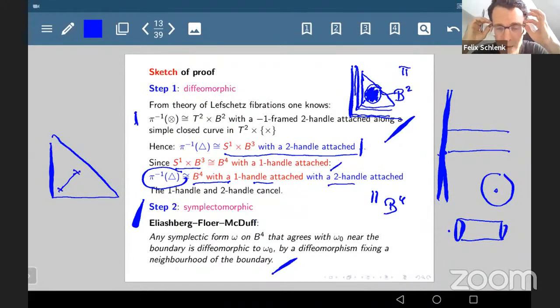If on the round smooth ball you have a symplectic form that near the boundary is the usual one, then there is a symplectomorphism fixing a neighborhood of the boundary that maps the difficult form to the usual form. This uses foliations by holomorphic curves. It's not easy, but at least this theorem tells me that this is really all true.